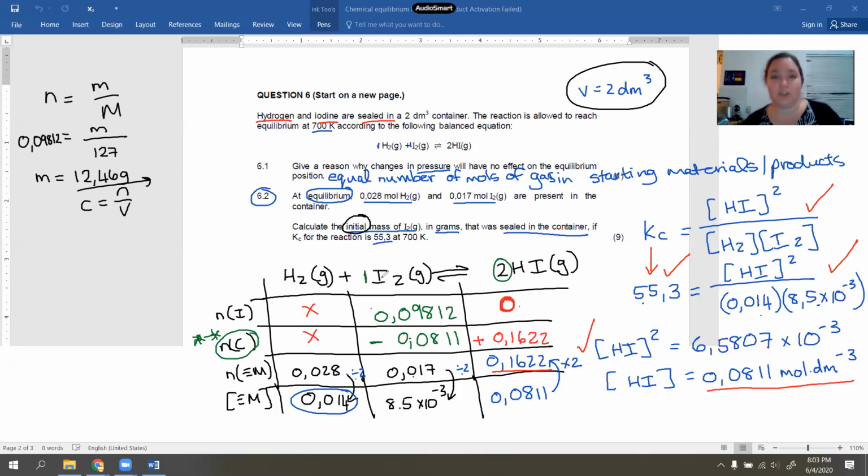So it's just something to note that if you ever are asked this exact question, and the substance that you're asked about is a solid, it wouldn't have gone into your KC expression, and therefore because of that they usually say what is the minimum amount, because the minimum amount is the smallest amount that would have allowed us to have enough moles for everything else to happen.